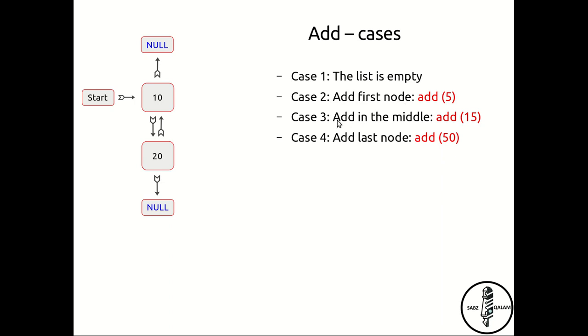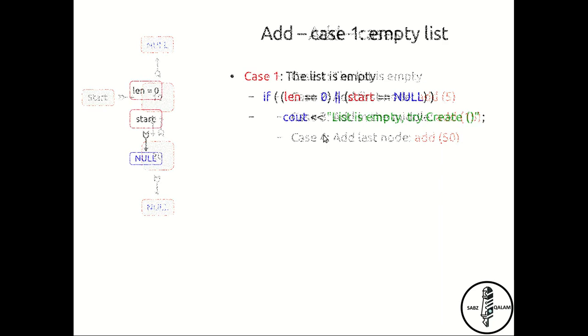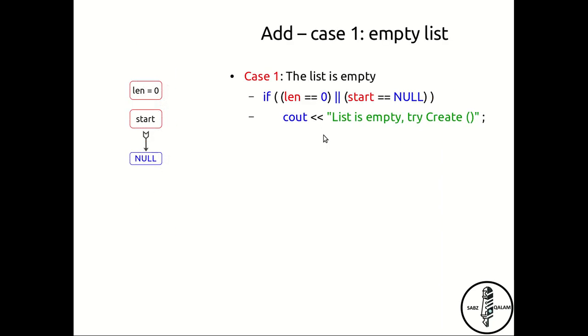And the third case is, what if you're trying to add, let's say, a number 15 which comes in between these two nodes? And what happens when you try to add a value, let's say 50, which is larger than all the nodes present? Okay, and we will discuss two of these cases in this lecture and the other two cases in the next lecture, just to ensure that any given lecture doesn't become too long.